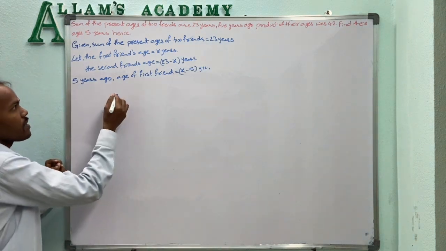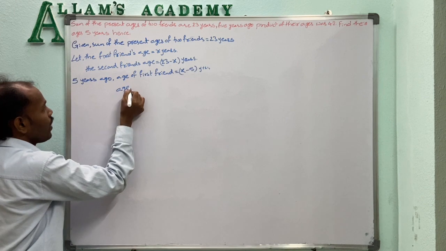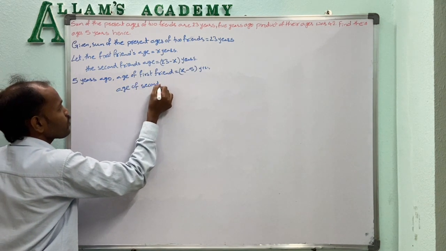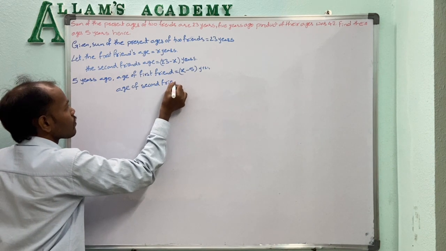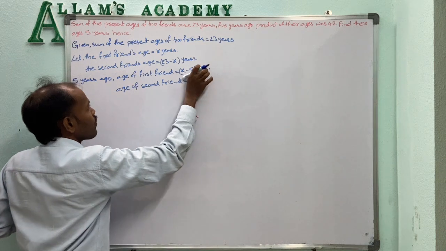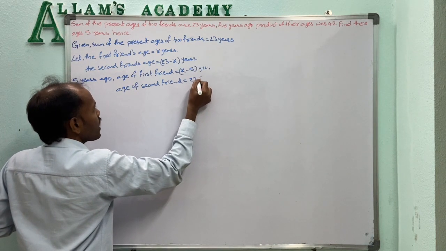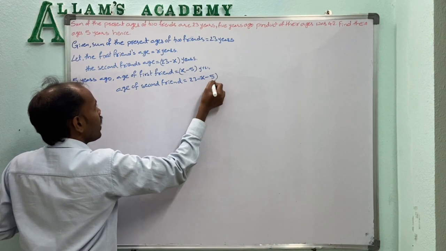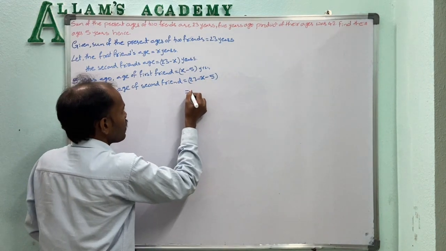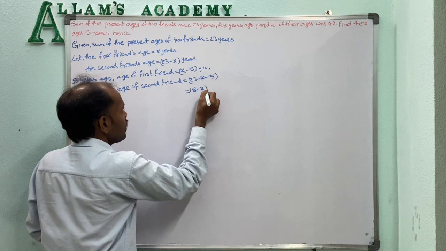Now the age of the second friend 5 years ago: that is 23 minus x minus 5. 23 minus 5 is nothing but 18. So 18 minus x years.